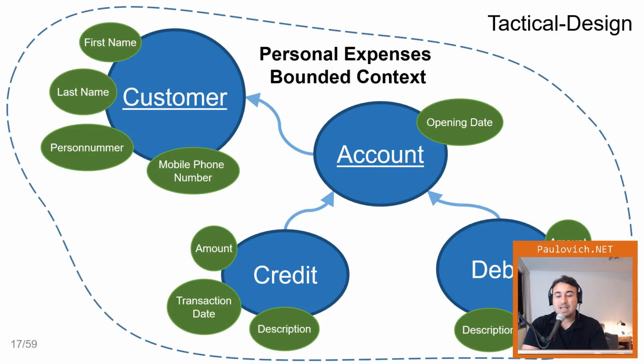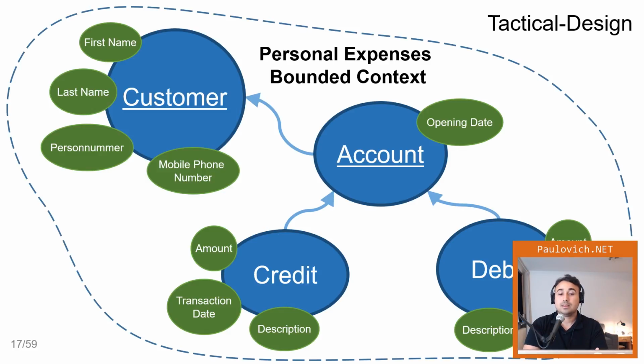Well, and the most important thing is about the bounded contexts. These structures are only valid, they are only consistent, inside this personal expenses bounded context, which represents this basic model.